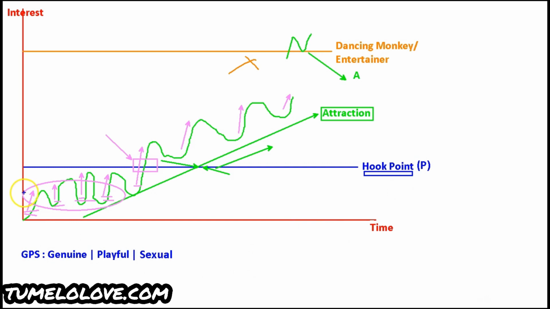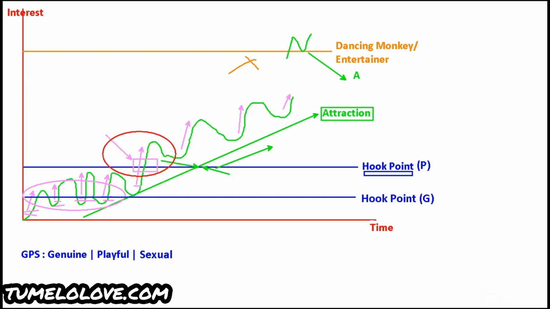Which means that her hooking point in a genuine vibe could be somewhere down here. So this is her hook point when she's in a genuine vibe. Now as you can see, the spikes of emotions that got you past the hook point when she was in a playful vibe are the same spikes of emotions.